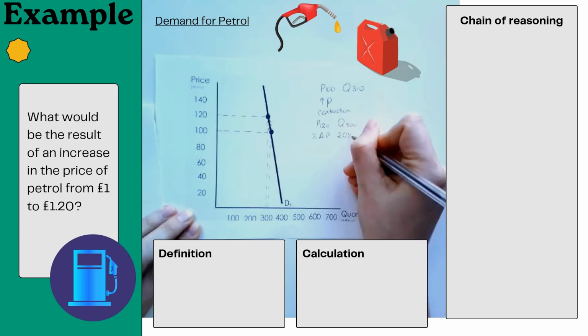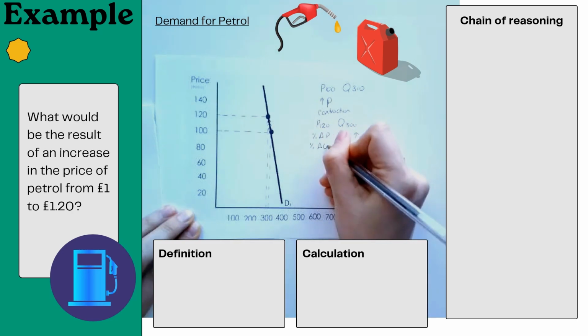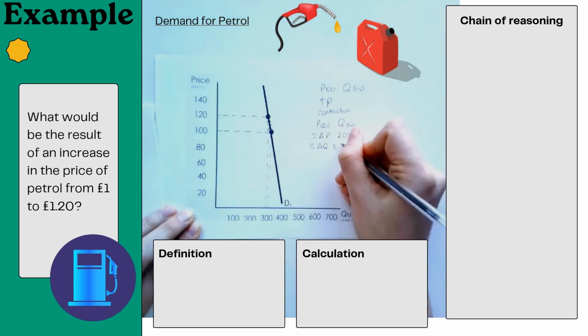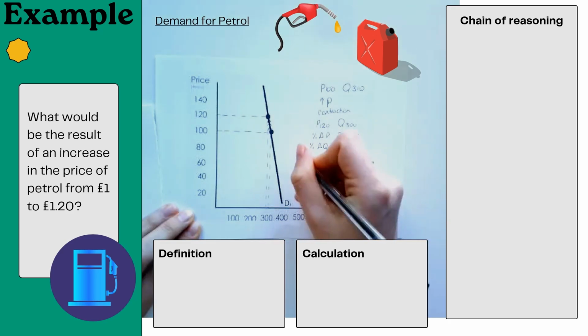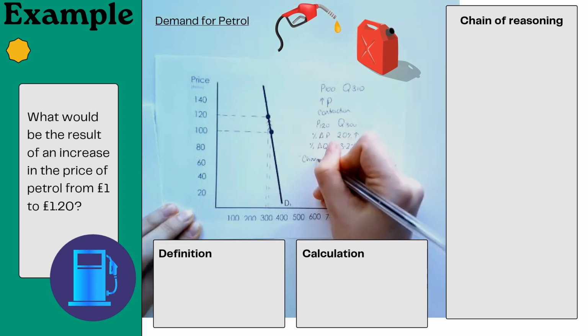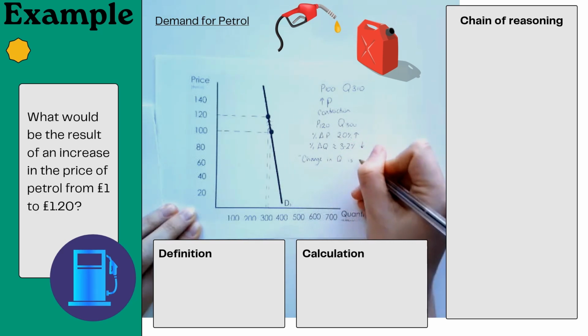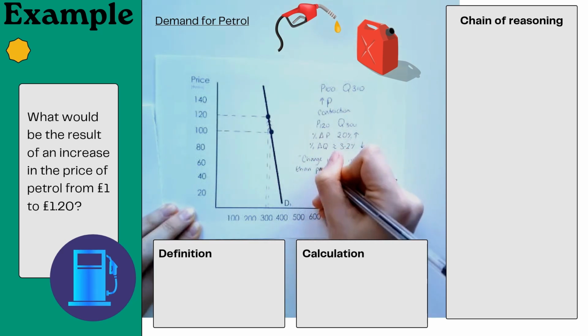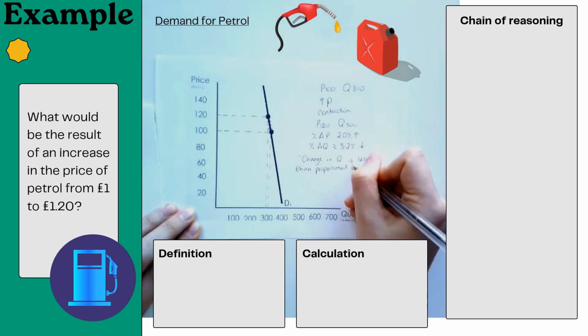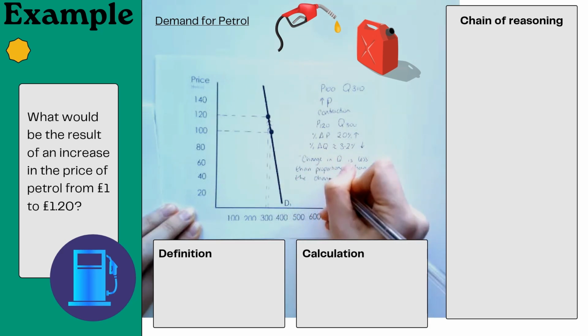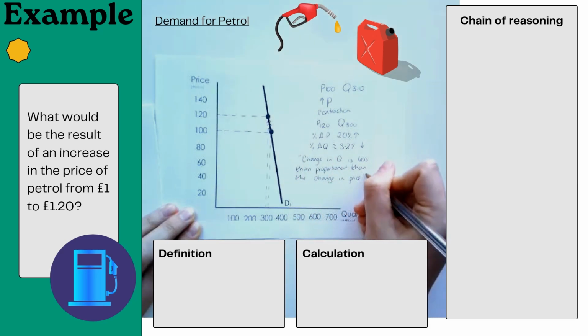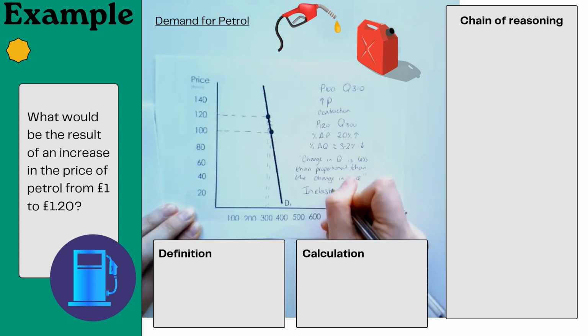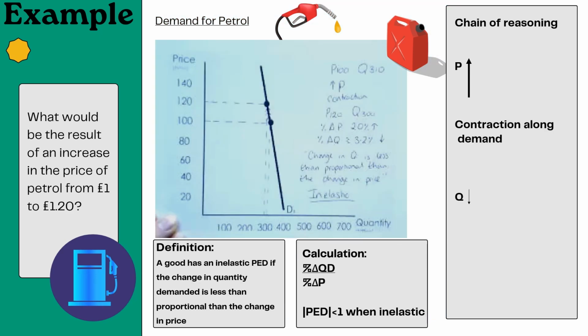We can see that the increase in price as a percentage is going to be 20%, going from 100 pennies to 120, whereas the percentage change in quantity is a fall of only approximately 3.2%. And so we can say the change in quantity is less than proportional to the change in price. And so we can see we've got an inelastic demand curve.